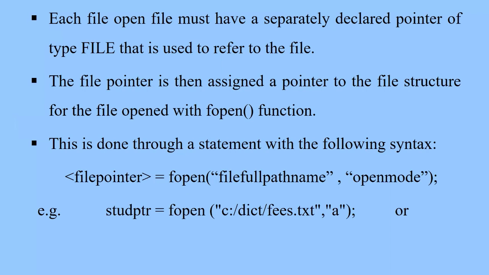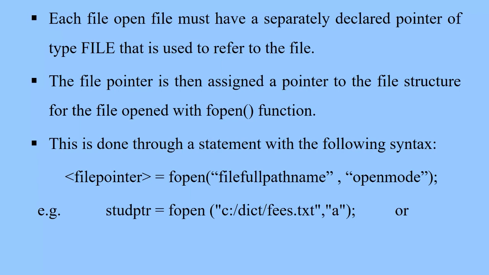For example, fopen C:\dict fees.txt, comma, A. A is the open mode. The full file path is C:\dict fees.txt.